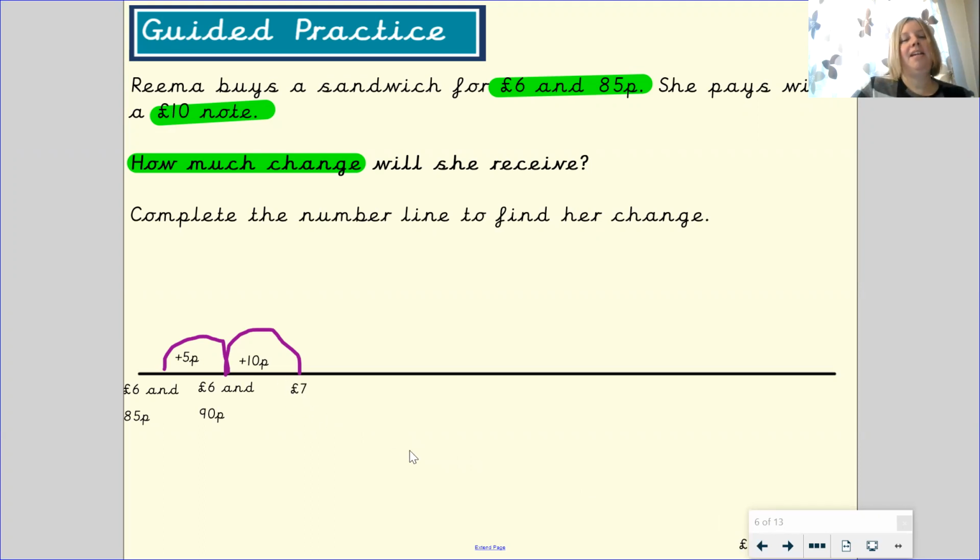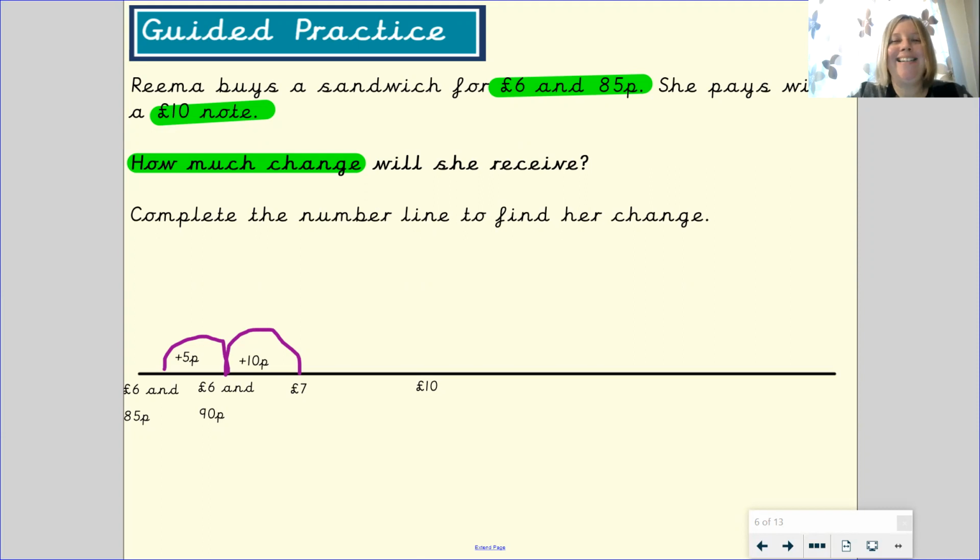So the next thing I need to do is to think about how many pounds I would need to make £10. So I put my £10 here on my number line, and I think about how many pounds I would add to my £7 to make £10. So I count on 7, 8, 9, 10.